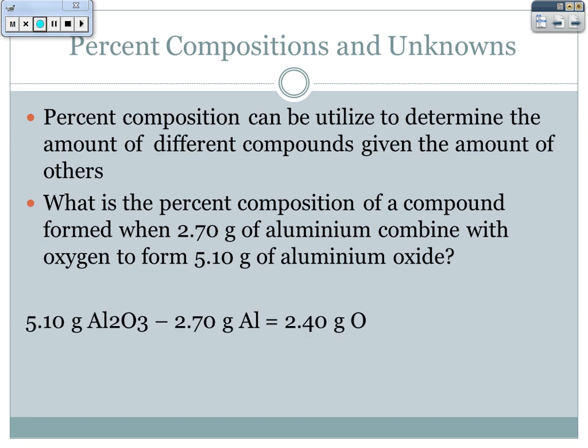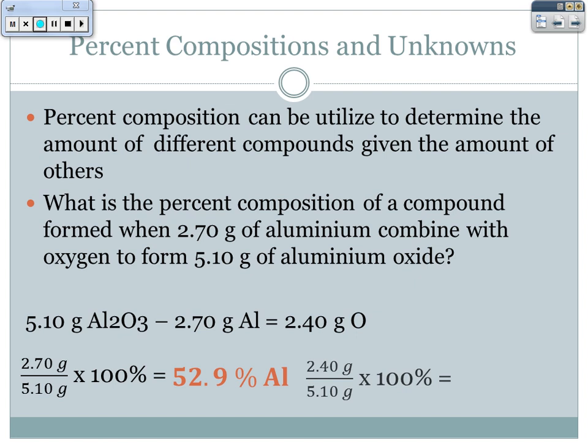So again, you're going to have to use the masses to figure out the mass of the unknown, here oxygen. And then you can figure out the percentage of each element involved by taking the mass of the element divided by the mass of the compound and multiplying it by 100. So in this case, it's going to be 52.9% aluminum and 47.1% oxygen.